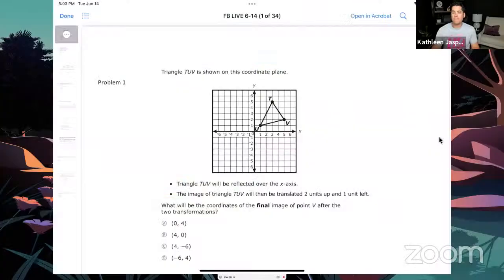So let's go ahead and just jump right into it. We have 10 problems. Don't forget, make sure you have your calculator with you, because most of you do get a calculator on your exam. So make sure you have the correct calculator with you. In this case, this is my TI-30. This is a scientific calculator.